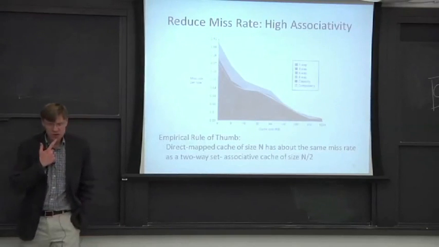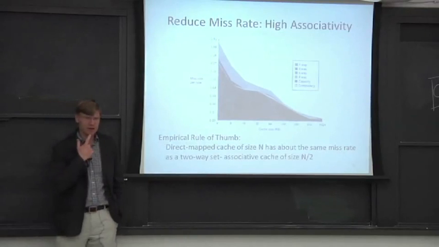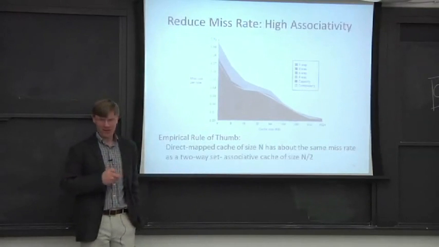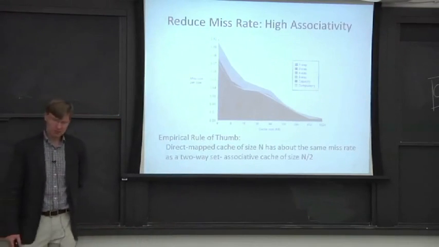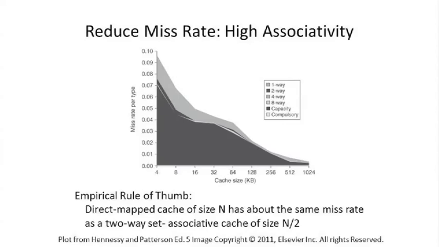OK, so how else do we reduce the miss rate? Well, same graph, but this is also from Hennessy and Patterson in your book. You can increase the associativity. So you can take a 4-way cache and turn it into an 8-way cache. Now, there's some hardware cost associated with that, and there's also clock cycle cost, typically.